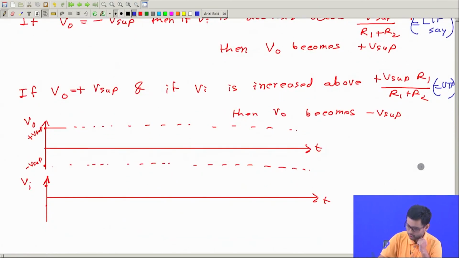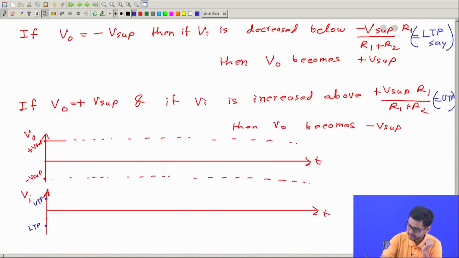Okay. So here I write this UTP and here I write LTP. The value of LTP is same as this and value of UTP is same as this.